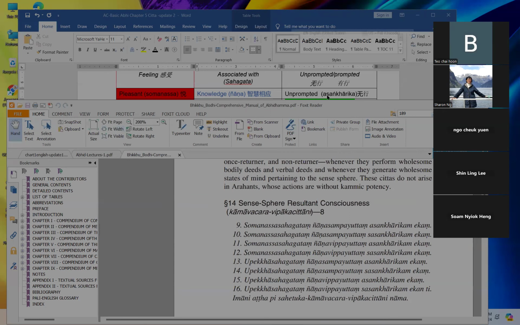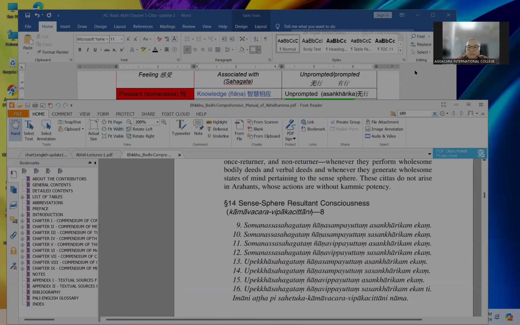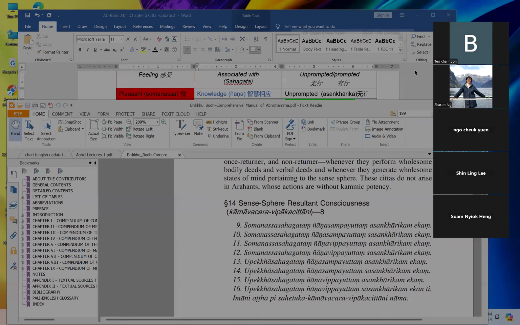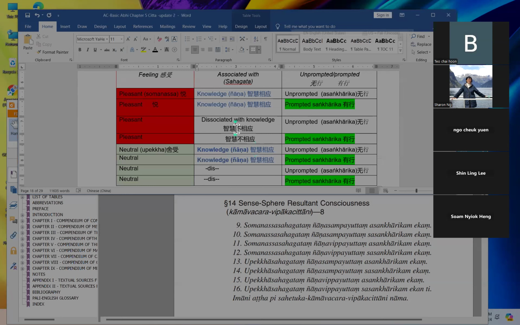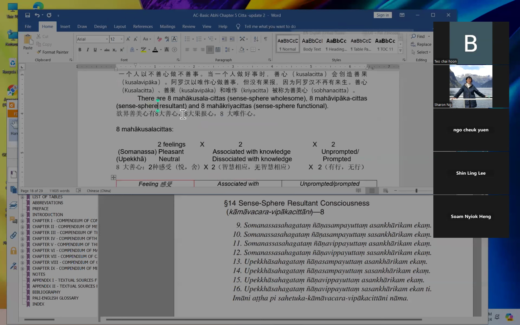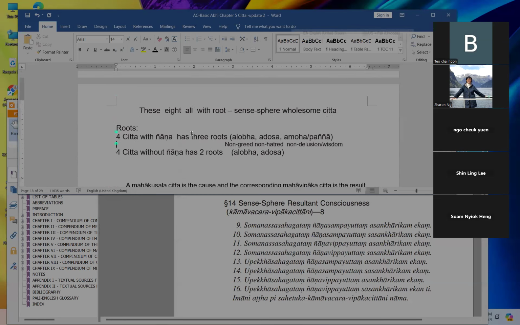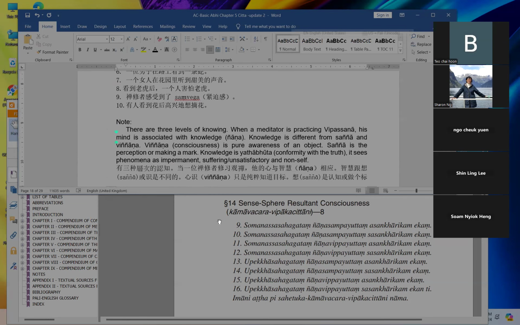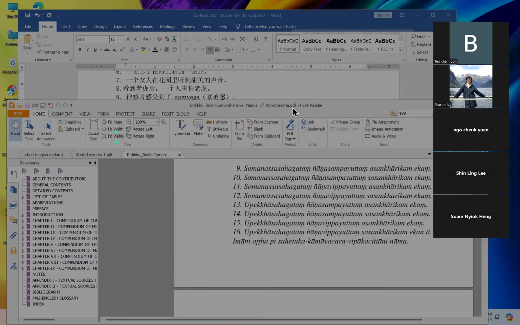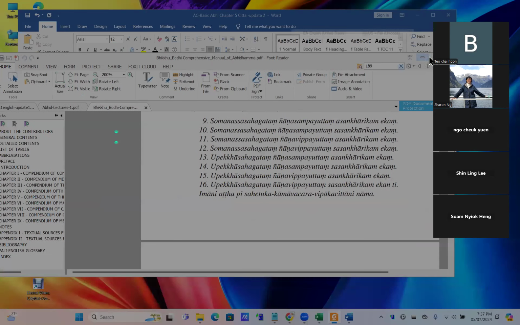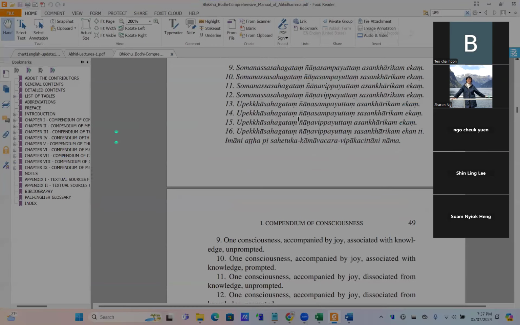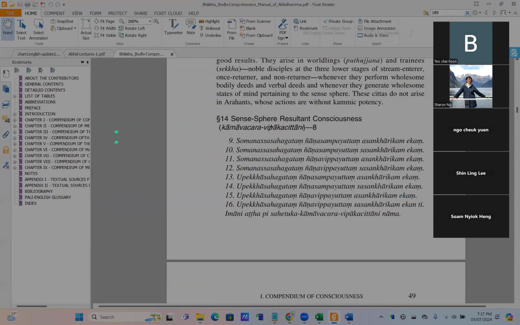Next question. If an Arahant gives dana, it doesn't come into here, right? Yes, because we are still under kusala. If an Arahant does good deeds, it will be the same here, but it will not be under kusala. In this Bhikkhu Bodhi book, there is something for Arahants. But before that, ordinary beings also get the Vipaka.